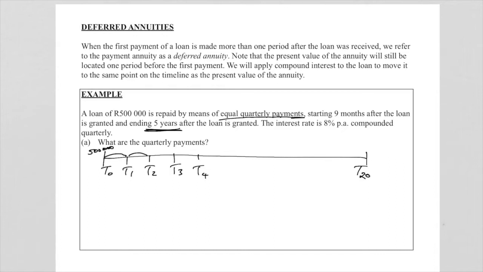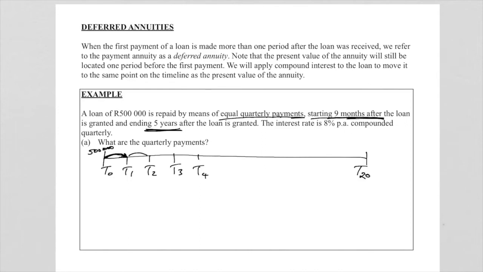So normally we're supposed to make our first payment 1 period after. In this case, which is a quarter, or for that matter, 3 months after the loan was granted. So that is where our first payment used to be in a normal present value annuity. But because we are dealing with deferred annuities now, in this problem, they told us that the first payment was 9 months after the loan was granted.